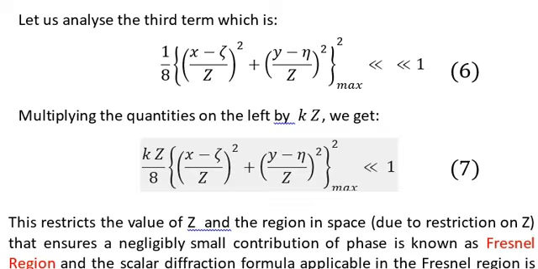So Z will increase, and k already has a large value. Due to these two large numbers multiplied on the left hand side, the inequality holds with only two less than symbols.